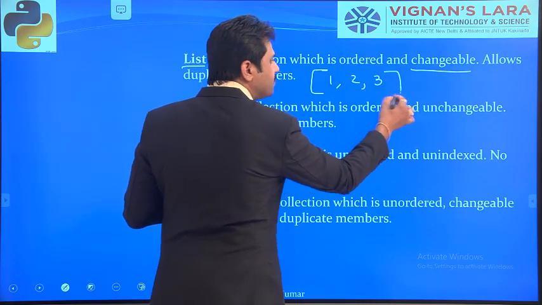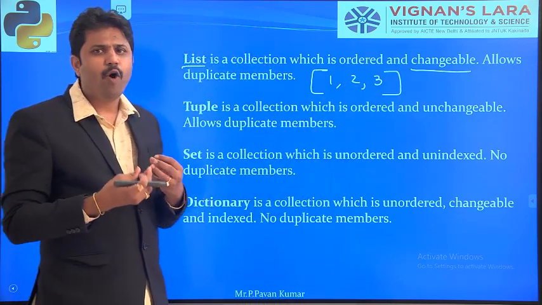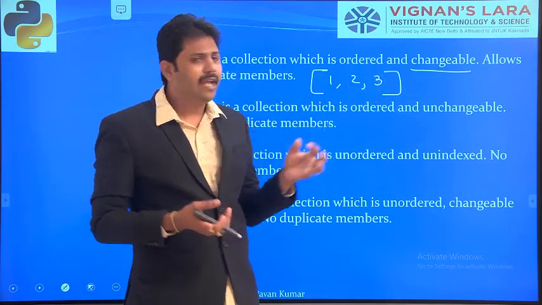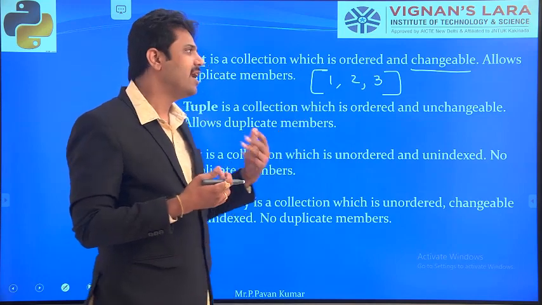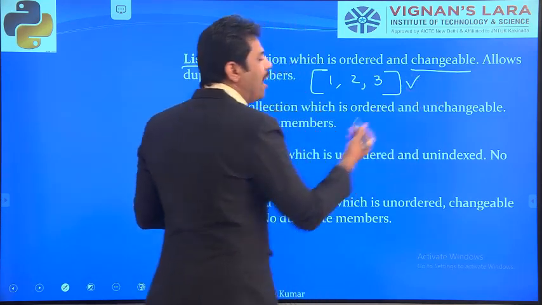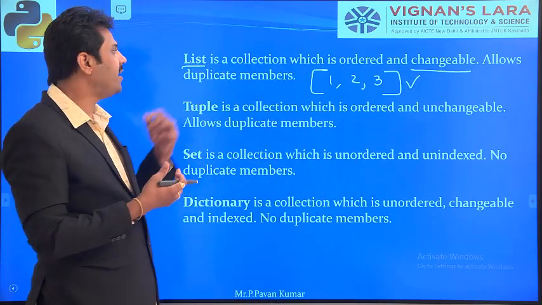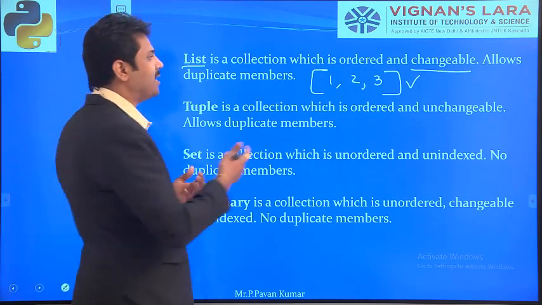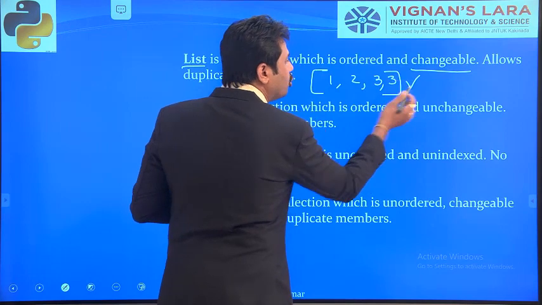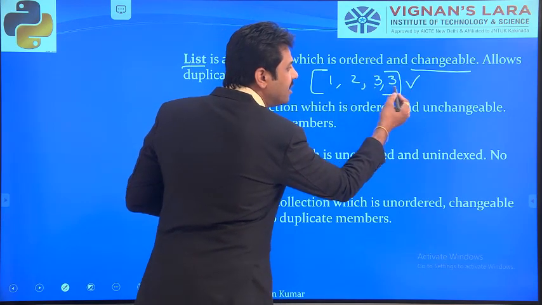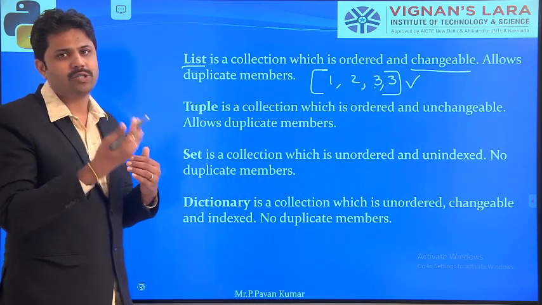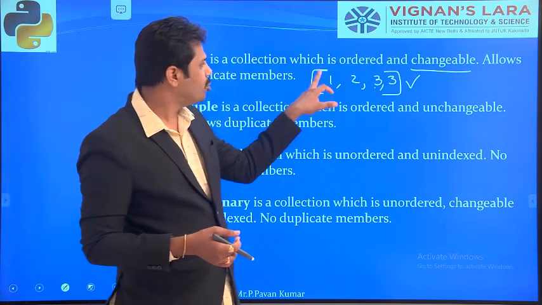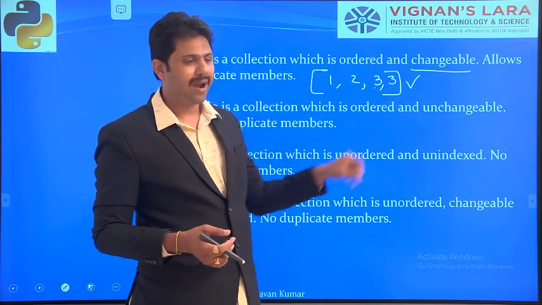If I want to change this list, it is possible. It also allows duplicates. For example, if I want duplicate items like 3, here 3 repeats 2 times. A list is represented with square brackets.